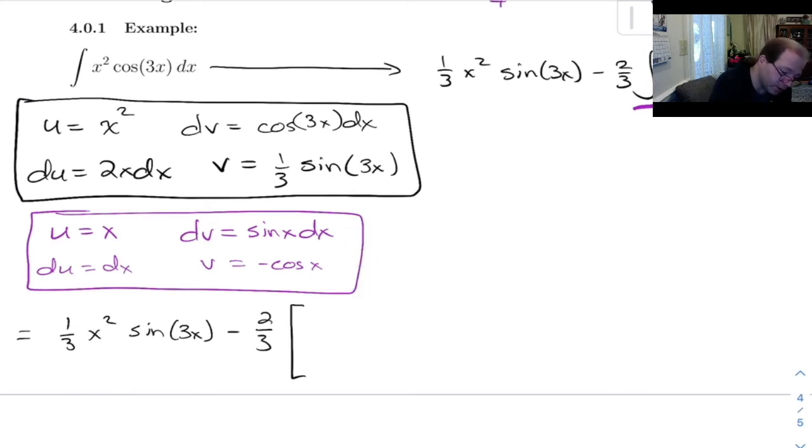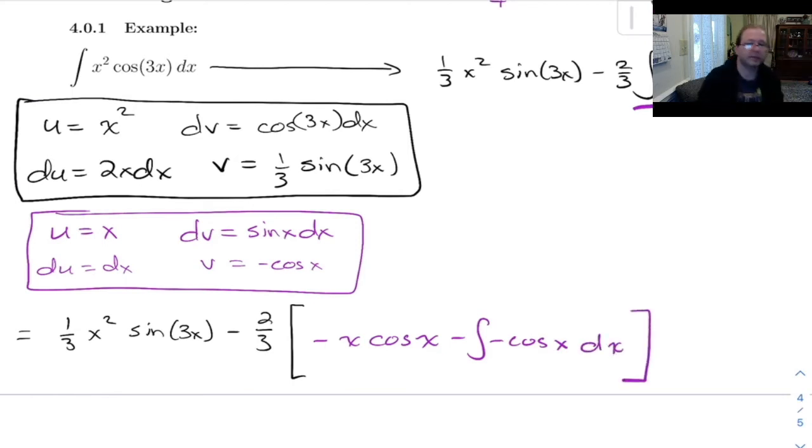So from here, let's see, uv is going to be minus x cosine x. That's my uv. Then I'm going to do minus integral v du. So minus integral of v, let's see, that's minus cosine x, and du is just dx.